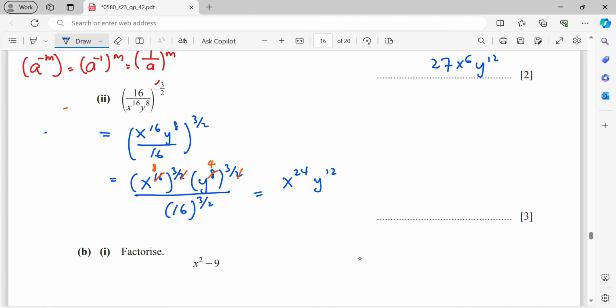This 16 is basically 4 squared. I don't want to write 16 here, I just change to 4 squared so that I can simplify. So now the square and the half will be cancelled off. So I get 4 cubed. 4 cubed is basically 64. So that is my solution.